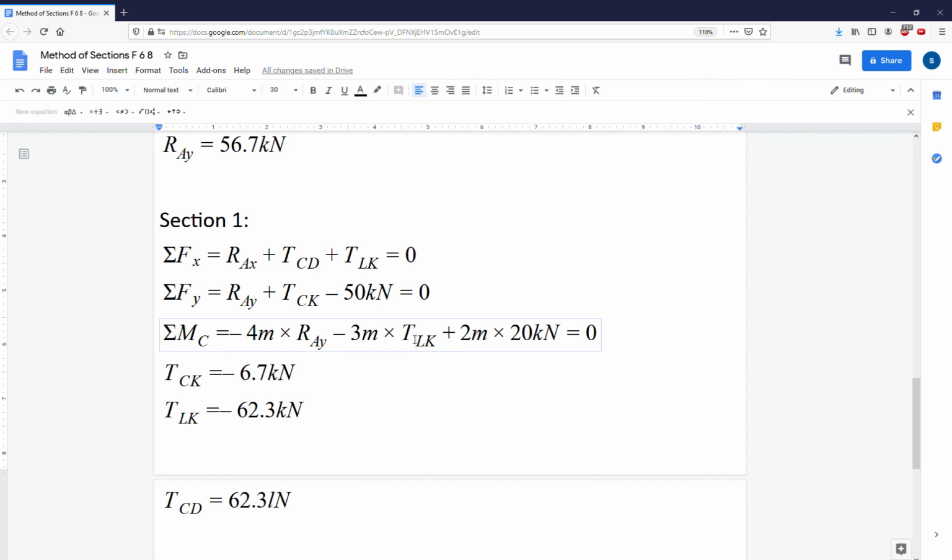And that gives us TLK is equal to negative 62.3 kilonewtons. Lastly, the sum of forces X equation, again remember RAX is 0. That means TCD and TLK must add up to 0. So TCD is 62.3 kilonewtons.